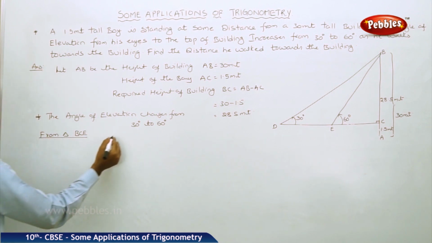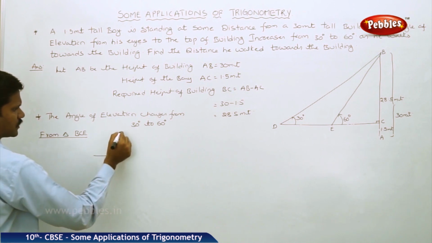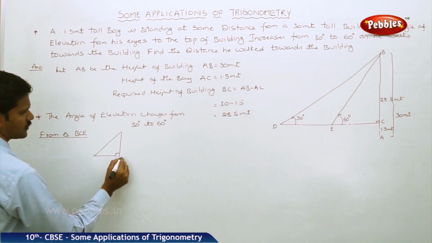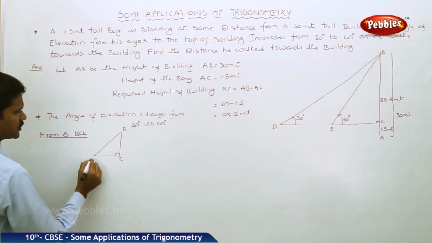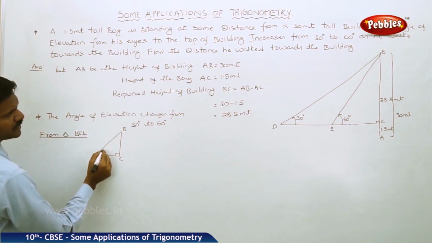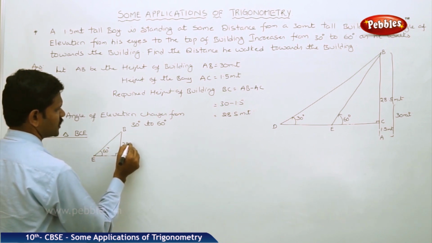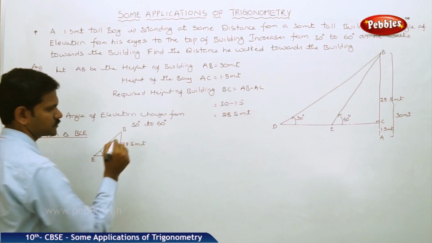The right angle is at C, angle BEC is 60 degrees and the opposite side is 28.5 meters.